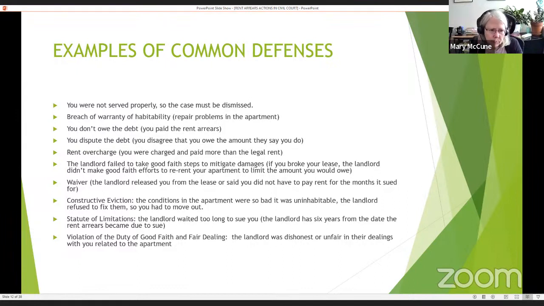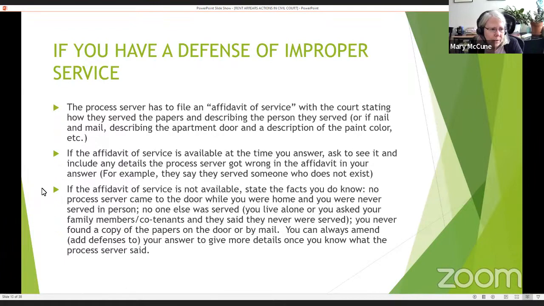So one defense would be they re-rented the apartment right after I left, so they weren't out any money because I moved out. And the other thing is they could have re-rented it if they tried and they didn't. So they weren't acting in good faith. They weren't acting as the law requires them to do.